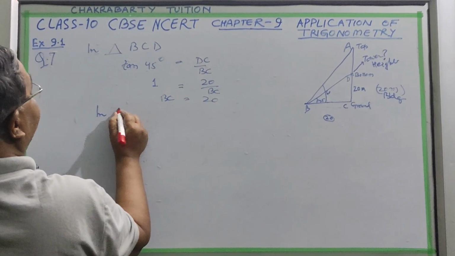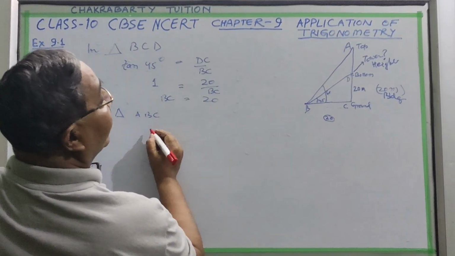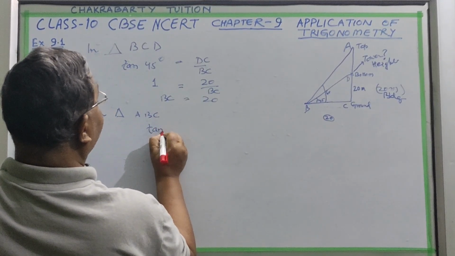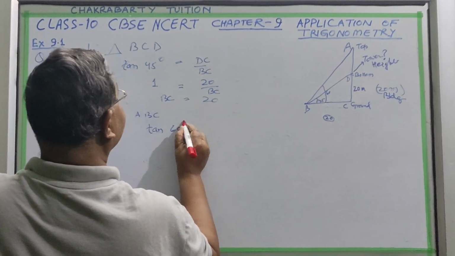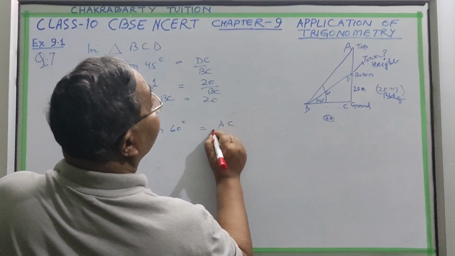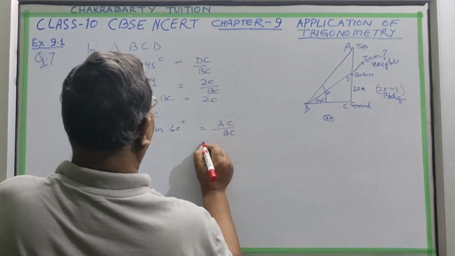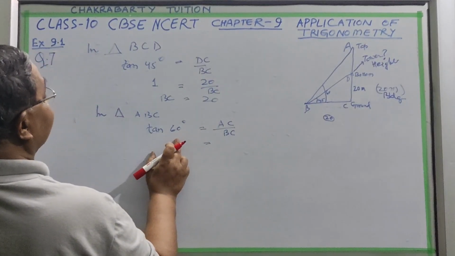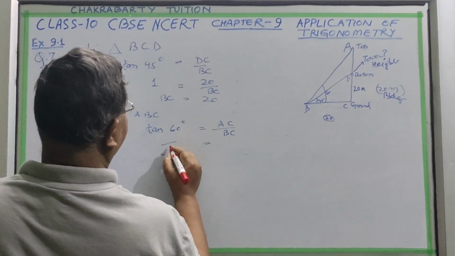Now we will find in triangle ABC. Tan 60 degree is equal to AC upon BC.